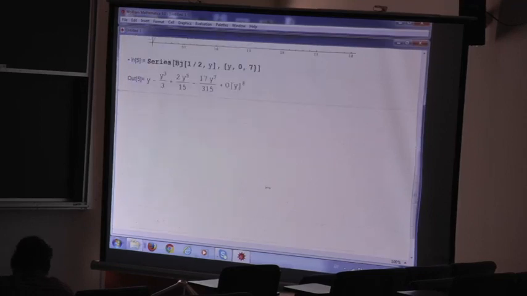So if you notice here, there is a term linear in y and a term y cube, y raised to power 5, and so on. Okay. So the lowest order term is just proportional to y.